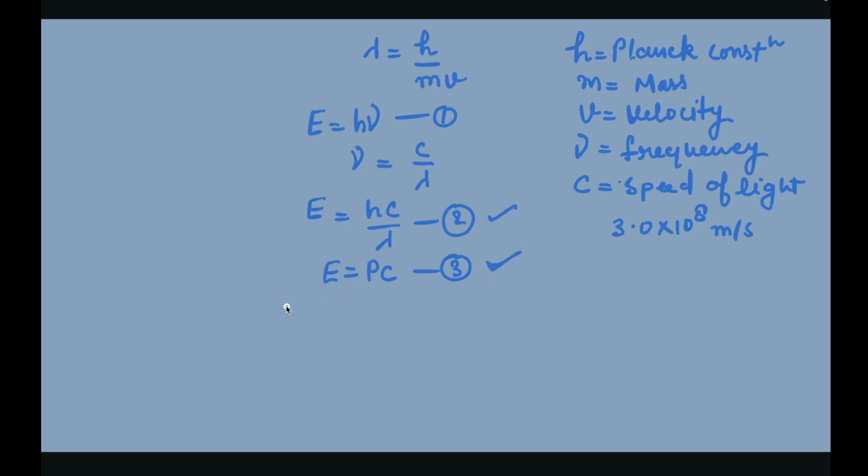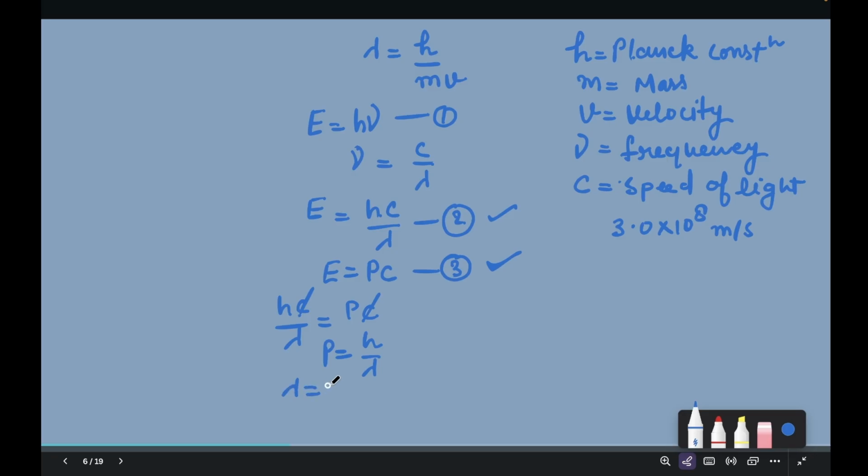So we can write hc upon lambda is equal to Pc. So c will be cancelled. Now we will get P is equal to h upon lambda. Then lambda is equal to h upon P.